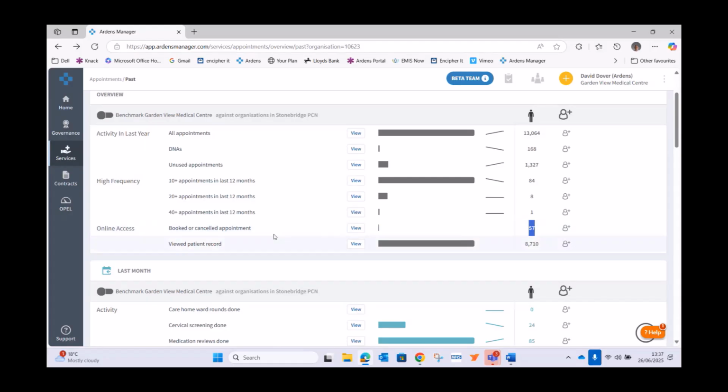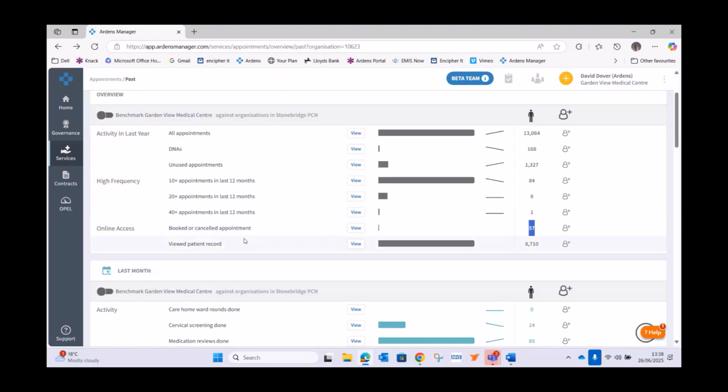So again, it could just highlight where things maybe have plateaued and dropped down a little bit. There could be some encouragement that you could use with your patient participation groups and so on to get those patients more involved, using their apps, using their online services to book those appointments in as and when they may need to.